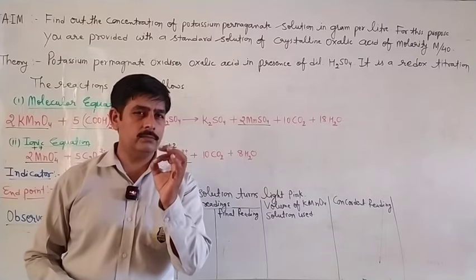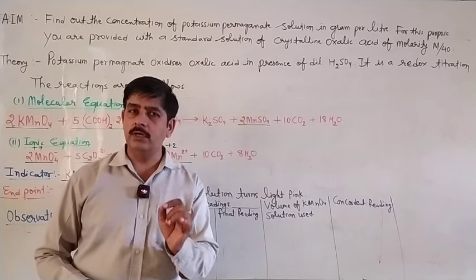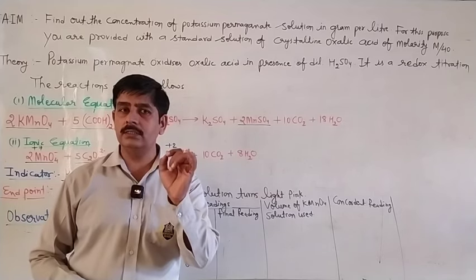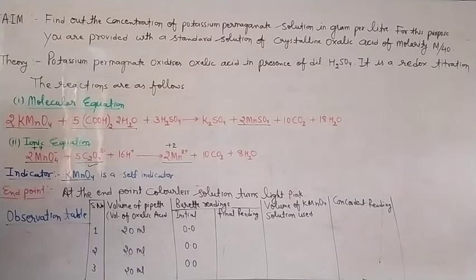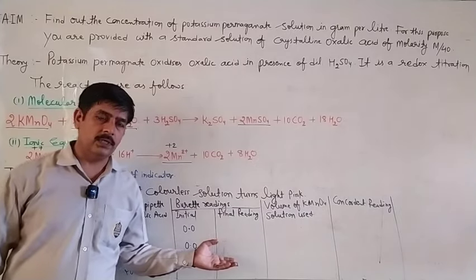But once a point is reached where the color disappearance stops, that particular point is called the endpoint. We will not find this endpoint only once, but repeat the process twice and thrice, and record our readings in this table.